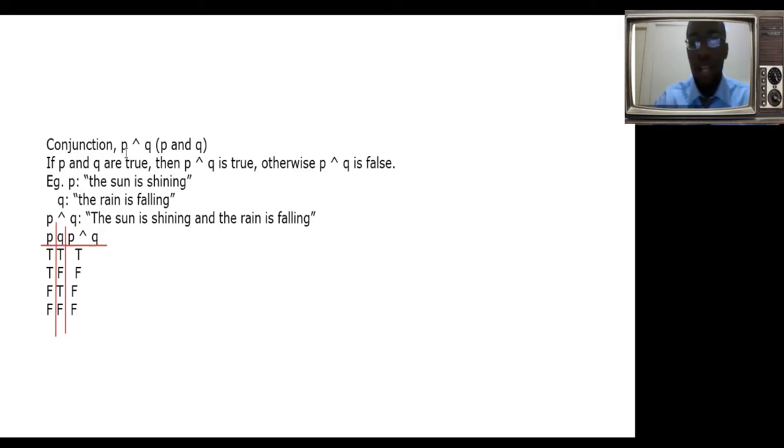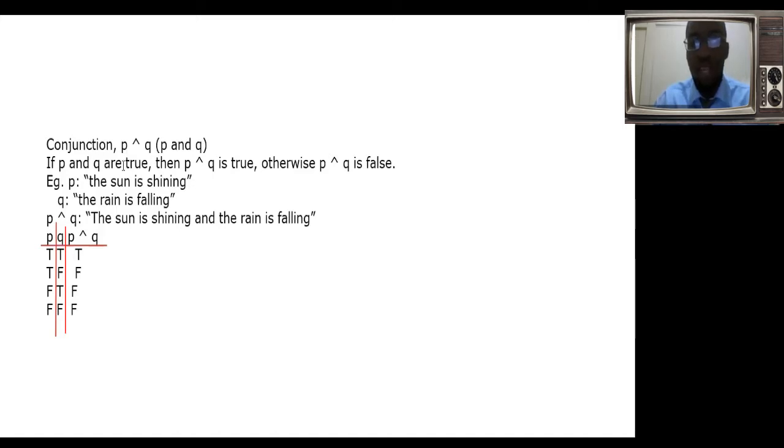If the sun is shining and the rain is falling, that's the only way the statement the sun is shining and the rain is falling is going to be true. Now, if the sun is shining and the rain is falling, that's the only time that statement will be true.